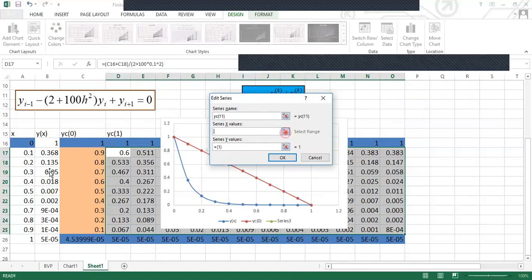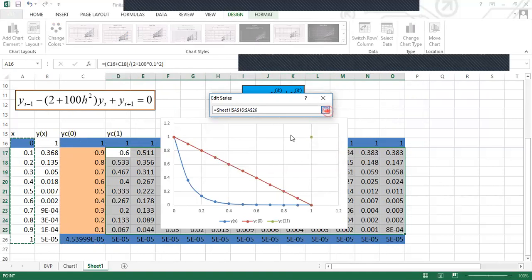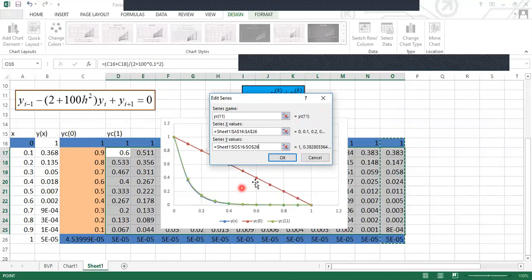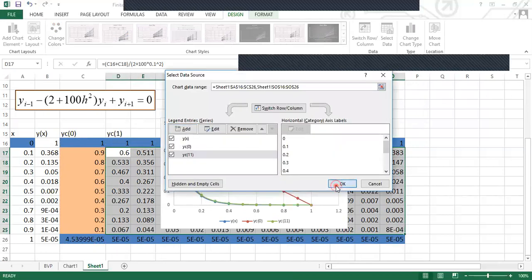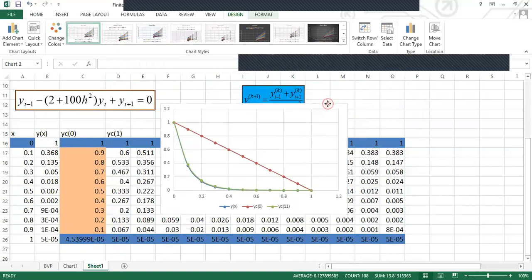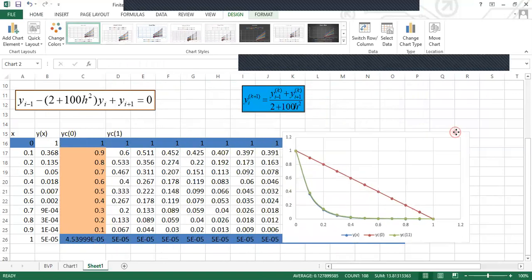Again, the same x values, and for the solution, I will take the solution values at this point. Okay, so we have found a green curve which is very close to the real solution.